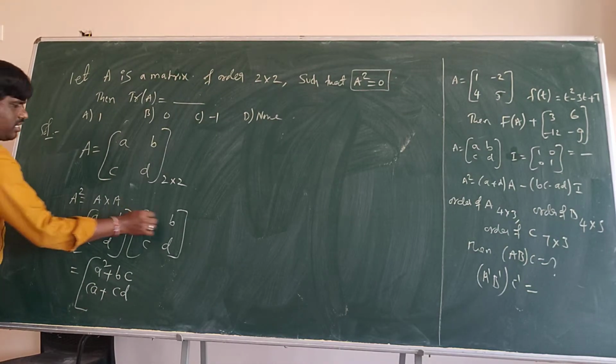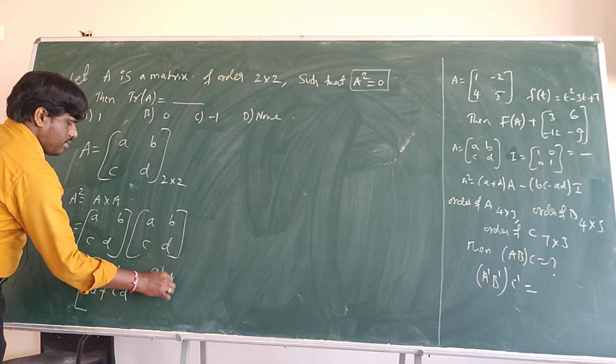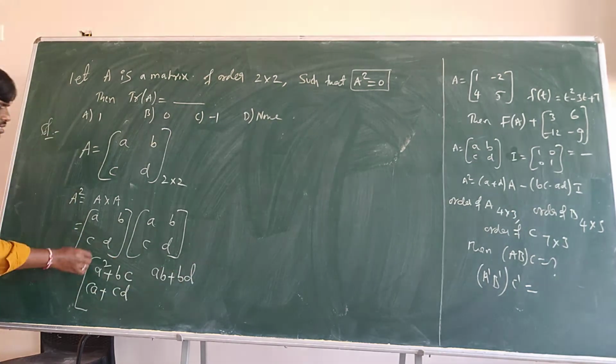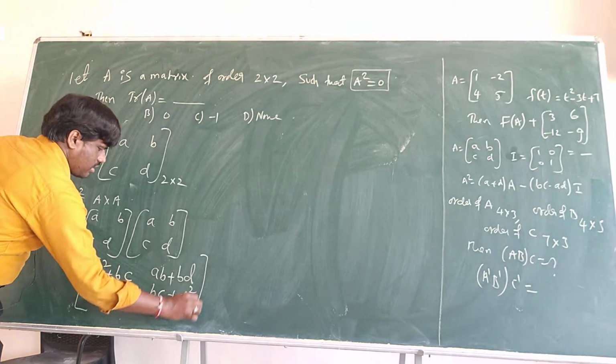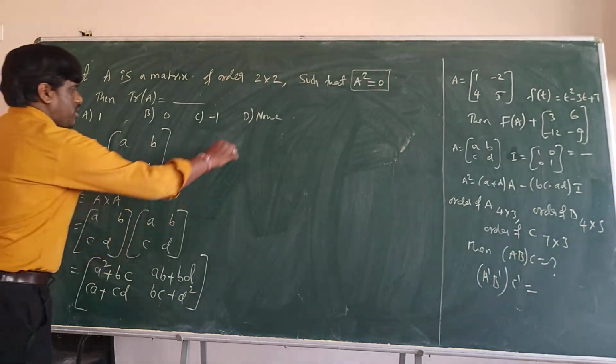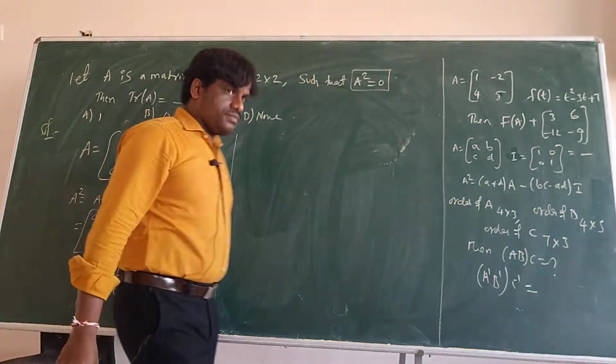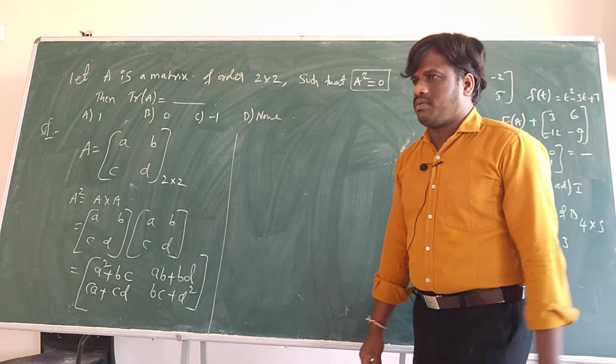Now A into B, ab, plus B into D, bd; C into B, bc, plus D into D, d square. This is what you get as the A square matrix.